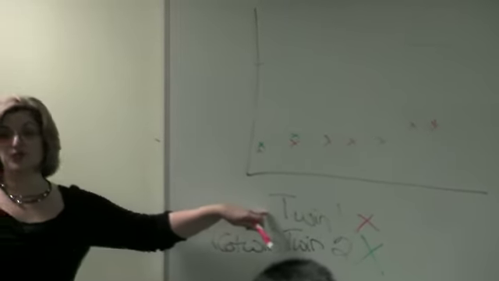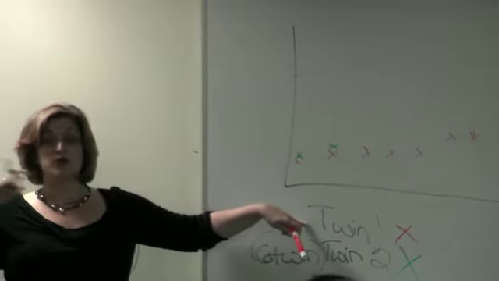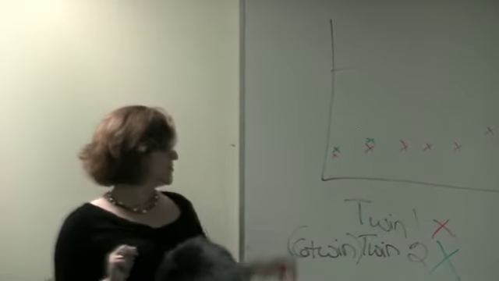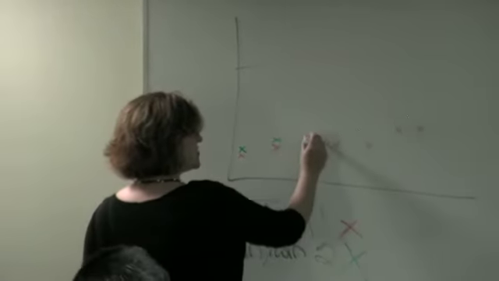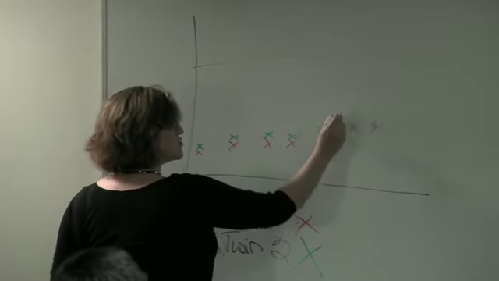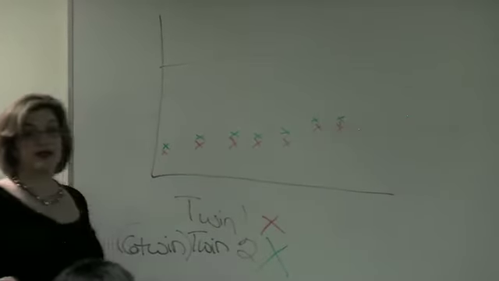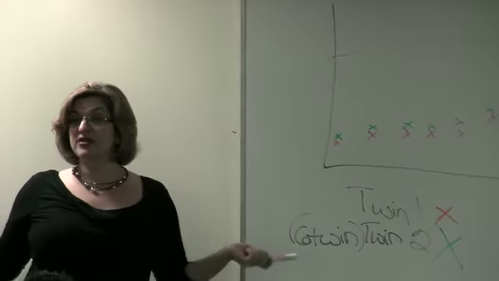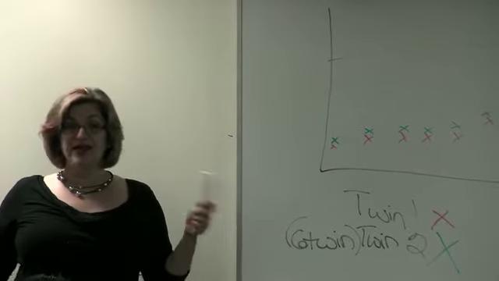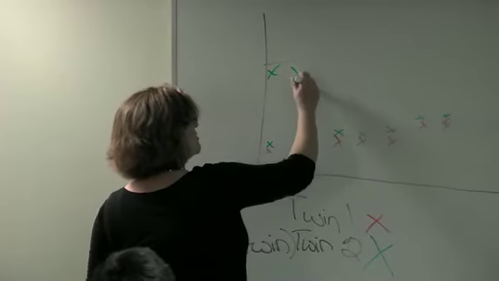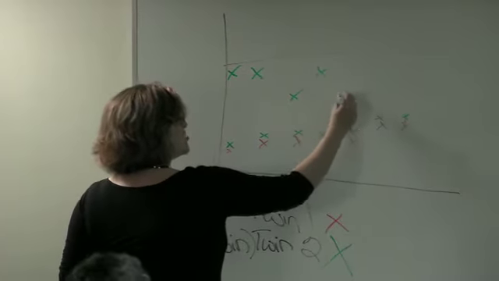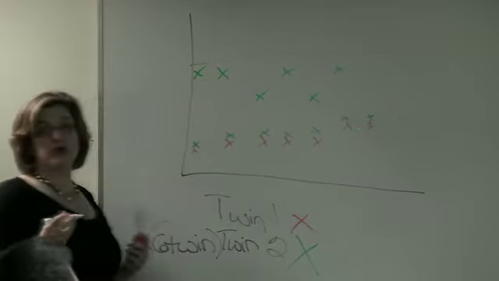Because we always pick the first twin as the one with the weaker skills, and the co-twin as the one with the stronger skills, if something's very heritable, their scores would be very similar. And if it's not heritable, if it has a huge environmental influence, we would find it to be pretty random in its relationship.